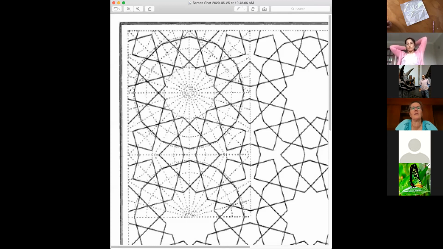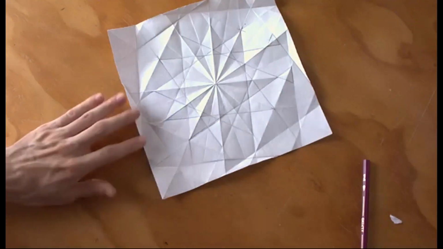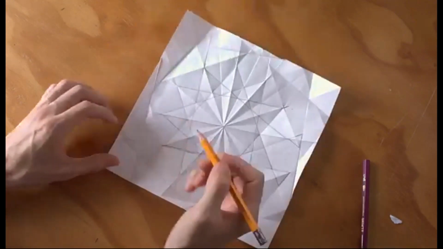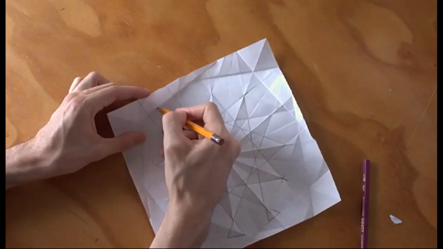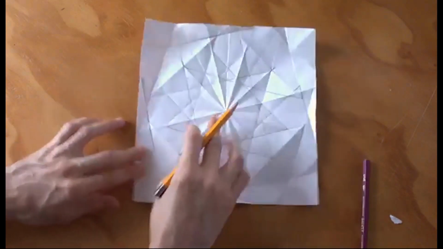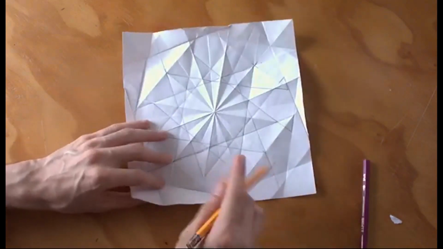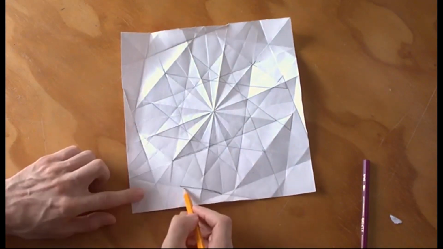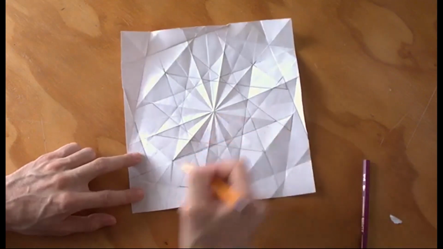Now what we need is just the point that intersects with the radial line and the other one. So going back, that means if I draw in my lines on the triangles here, I will stop where they hit the radial line. So there I stop.